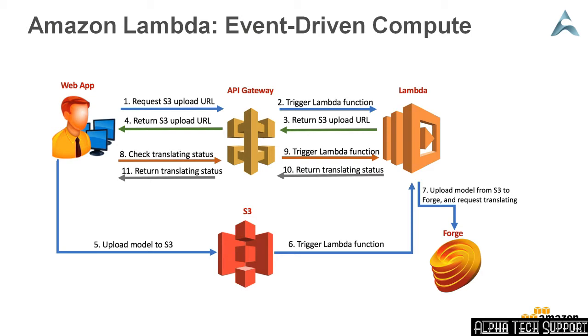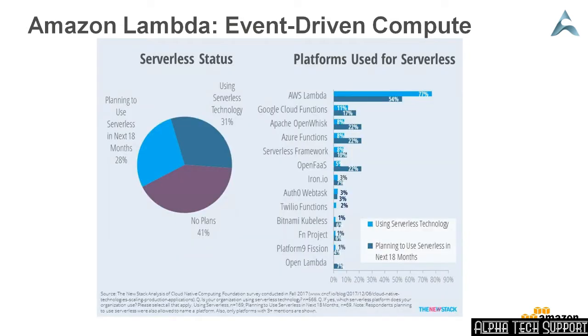Let's see some previous stats about the usage of serverless computing frameworks or facilities provided by different cloud vendors. As you can see, AWS Lambda is far ahead of other services. Almost 77% of the users of FaaS, Function as a Service or serverless computing, prefer AWS Lambda, and they would prefer it in the future too.